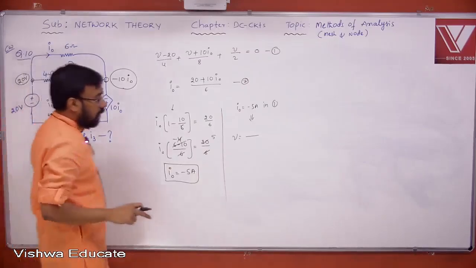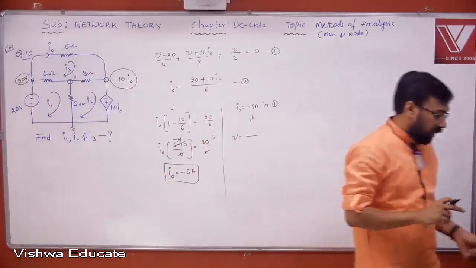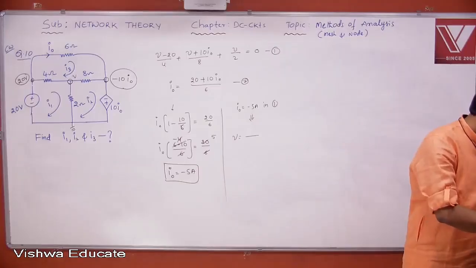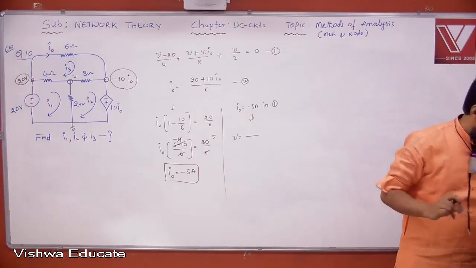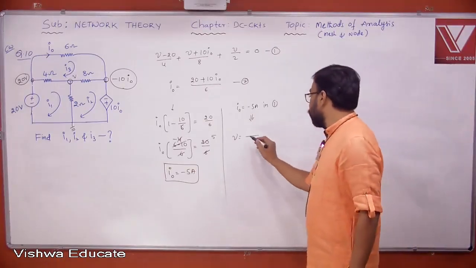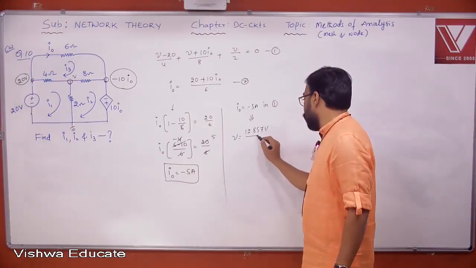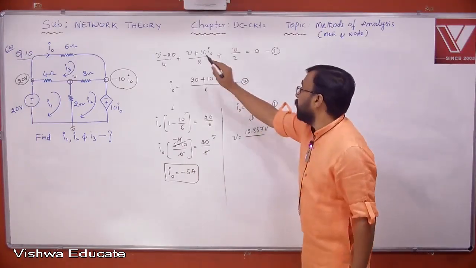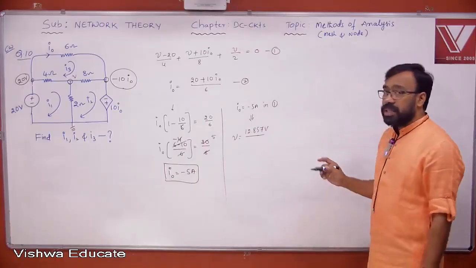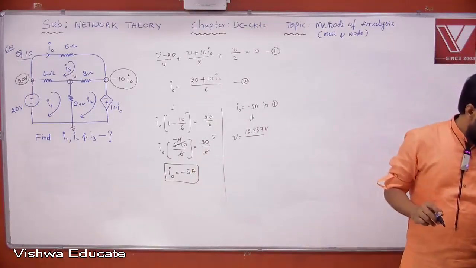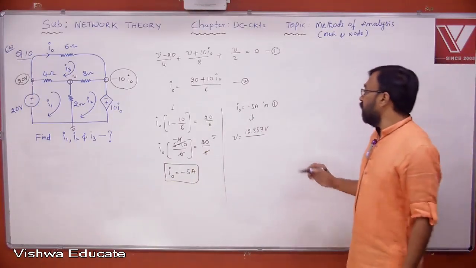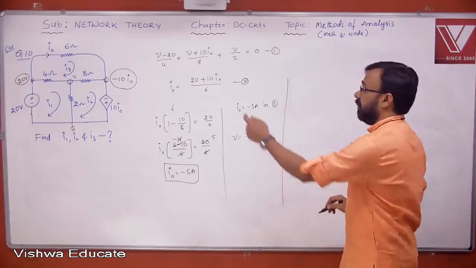I naught. Yes or no? Okay. But what is V value actually here? V value you get here, okay, 12.857 volts. This is the V value. Once you substitute here, you will come to know that. But I naught is equal to what? Minus 5 ampere.